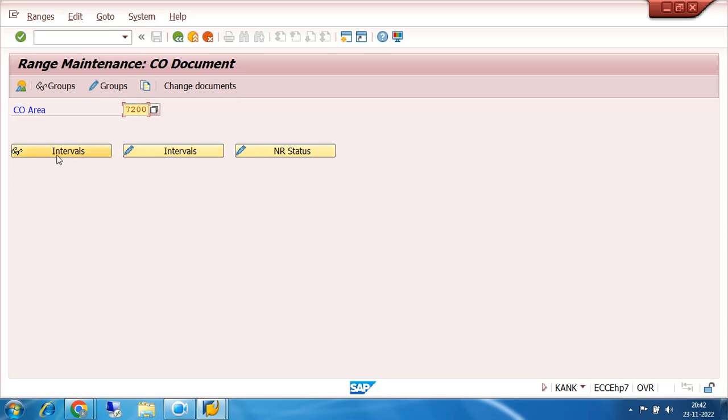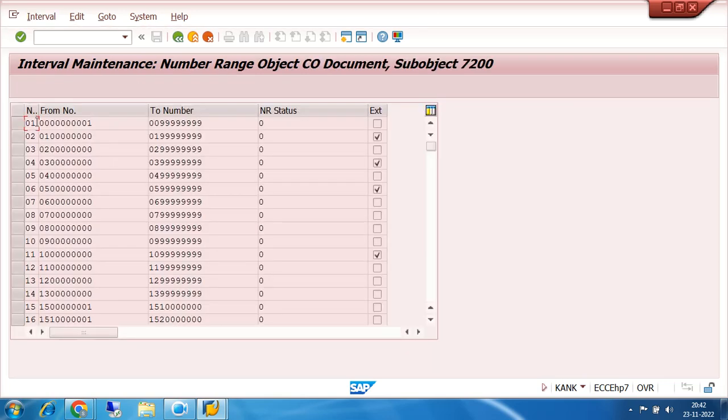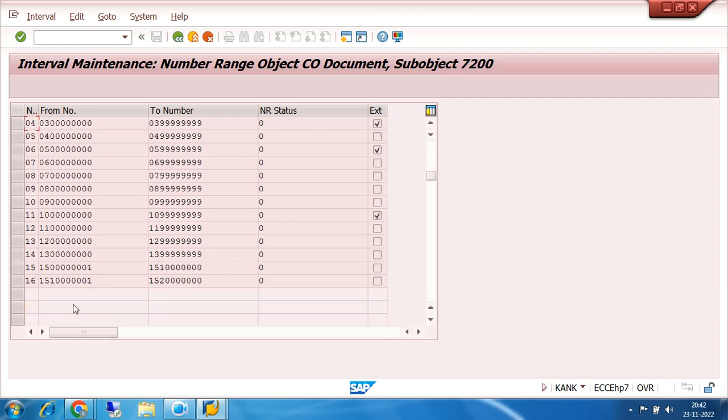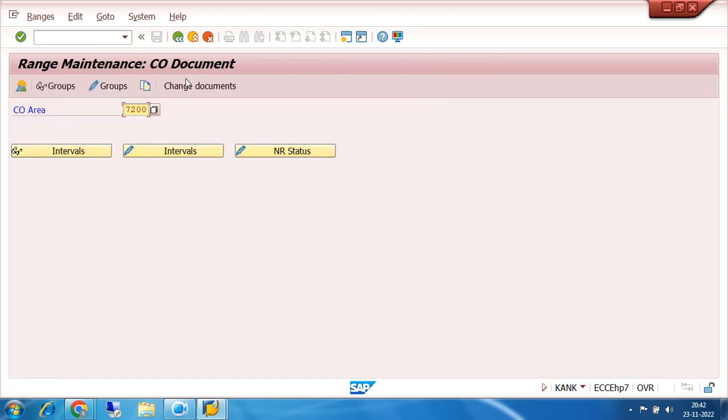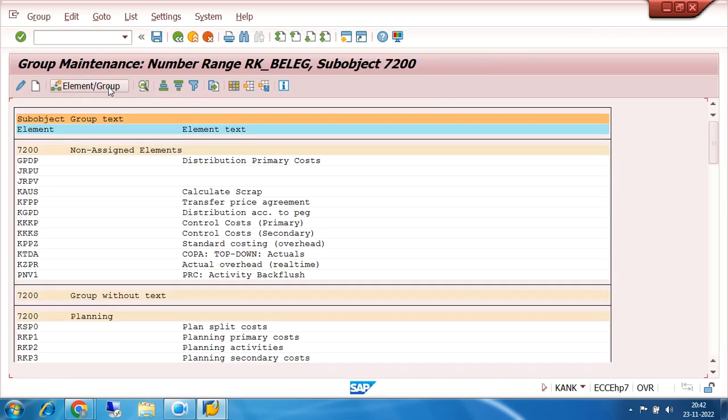If I click on the display, I see so many number ranges are there, like 01, 02, 03, 04, 05, 06. Already 16 varieties of number ranges are there, as if 16 varieties of documents are there. But it's not like that. So let us see. I have already told that in costing there are, let us click on the groups.